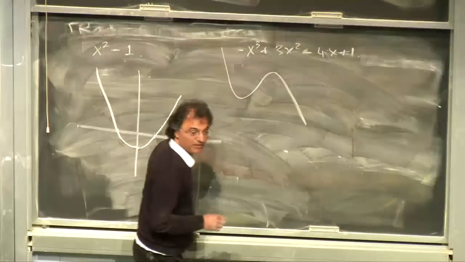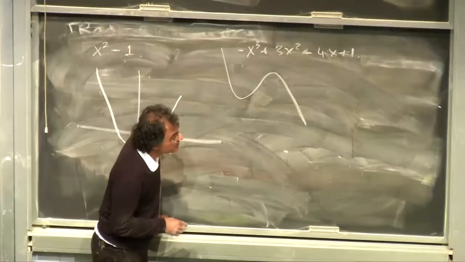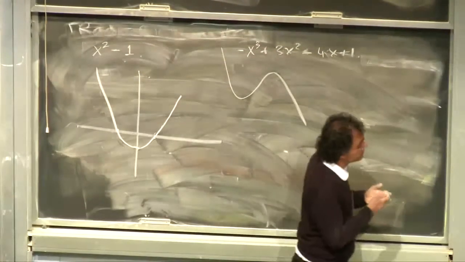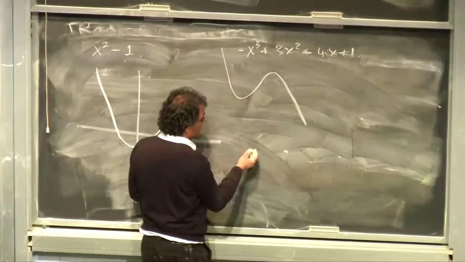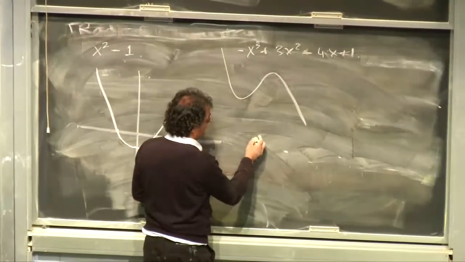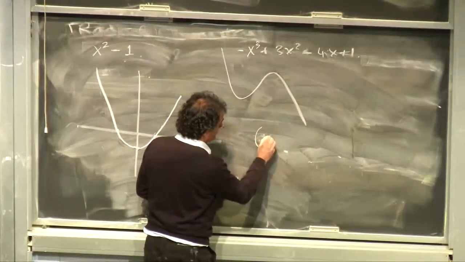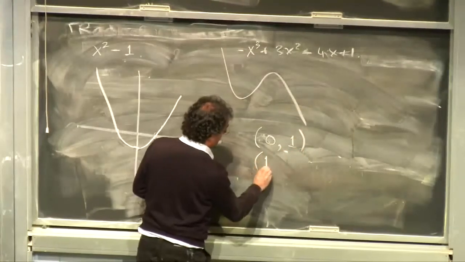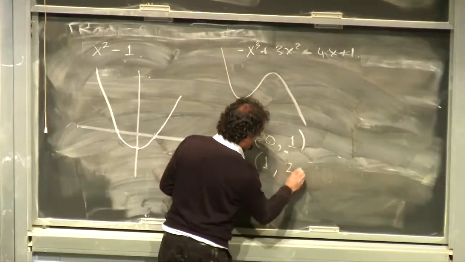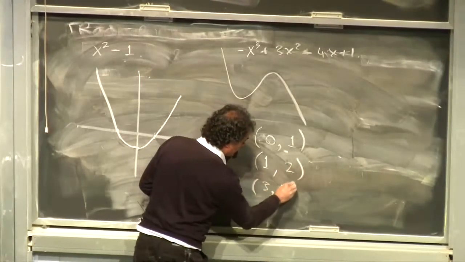So there are two sides to property 2. Suppose I'm trying to figure out a polynomial. Suppose I want to find a polynomial which goes through the points (0, 1), (1, 2), (3, 5).